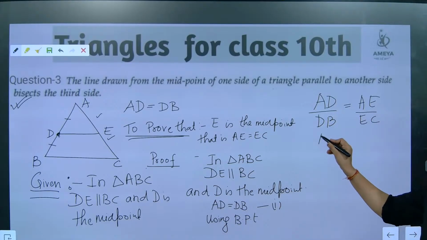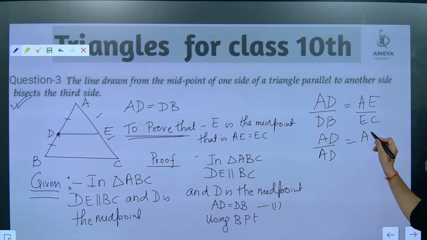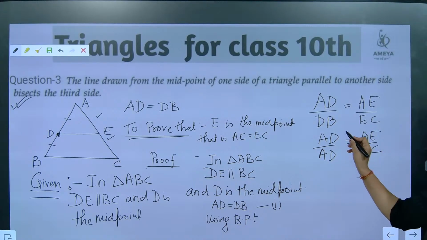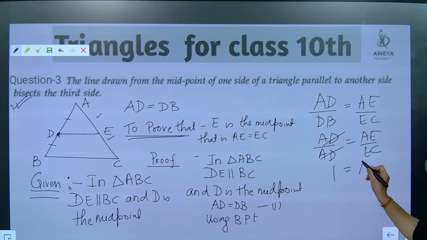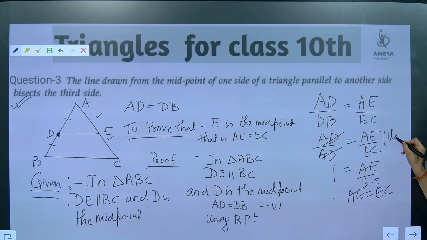So here, instead of writing DB, can I write AD two times? And this will become AE by EC. This will cancel. It has come as 1 is equal to AE by EC. So therefore, AE is equal to EC. Here, how did you use it? Using equation 1.